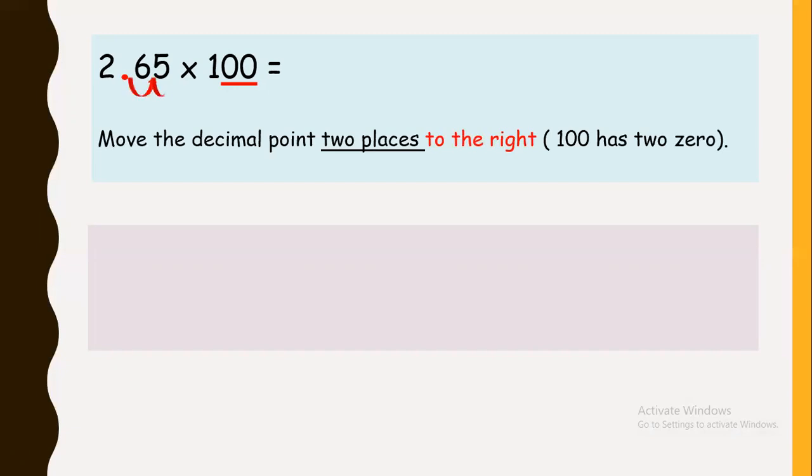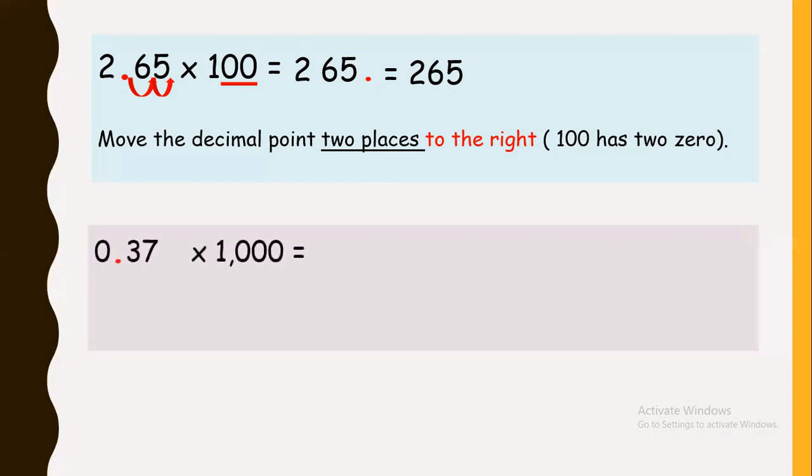So 1, 2. So we move the point 2 places to the right and the answer is 265. Here we should put point 0, but the 0 is useless, so we can remove it. When the number has point 0, we can remove it. And if we have a whole number, we can put point 0.